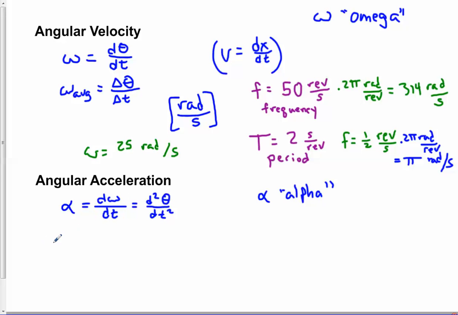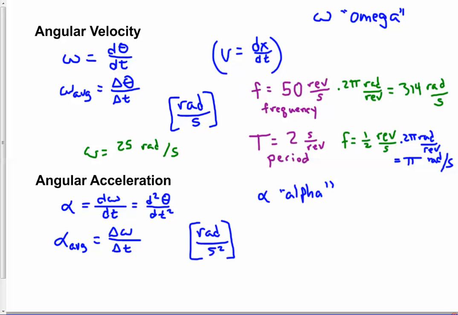That's instantaneous. We can also do average acceleration if things are changing at different rates, if there's not just one acceleration. That would be the change in angular velocity over the change in time. This is measured in radians per second squared, radians per second per second.